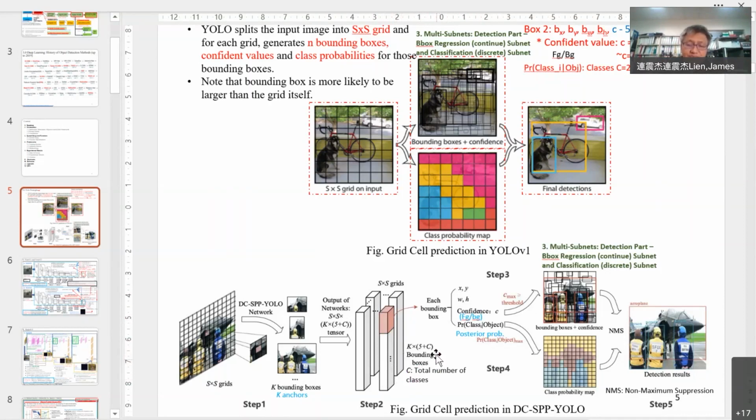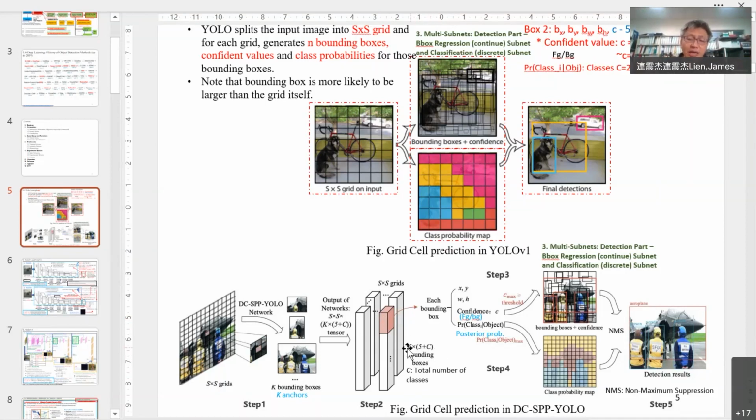So for each grid, they have 5 parameters for the bounding box and C classes for classes. So total for each grid is 5 plus C. Suppose C is 20 classes, so 5 plus 20 is 25 parameters.